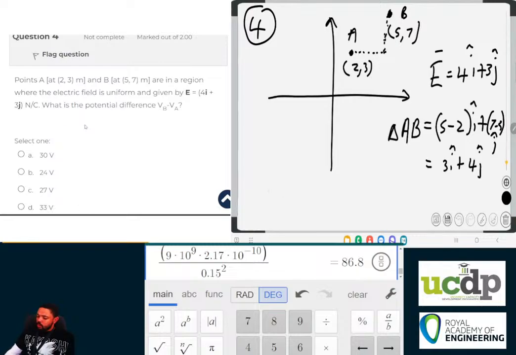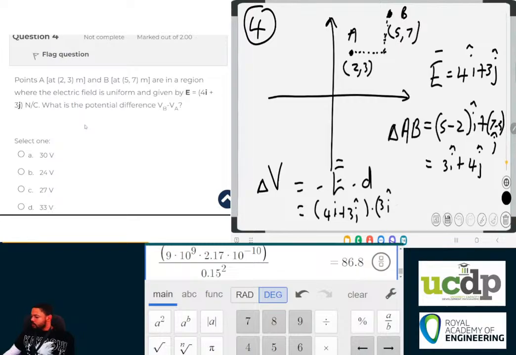Okay, now we know that the change in electric potential can be written as the negative of the electric field dotted with the distance. In this case the electric field is 4i hat plus 3j hat, dotted with the distance vector, which is 3i hat plus 4j hat.